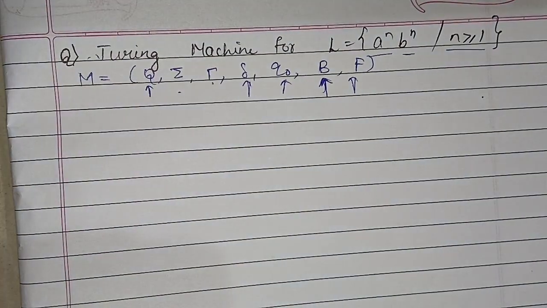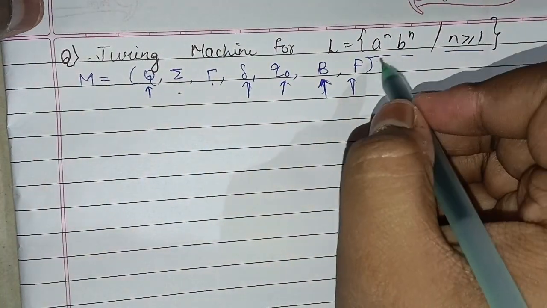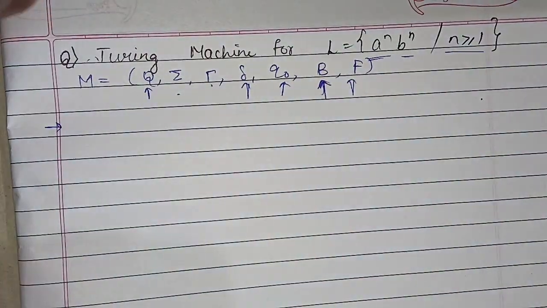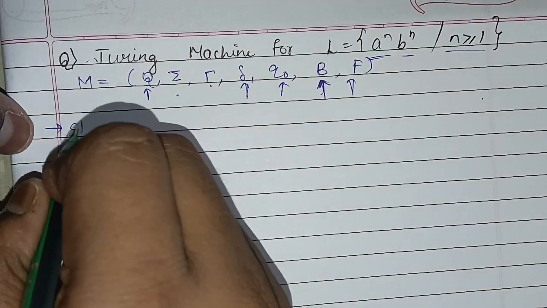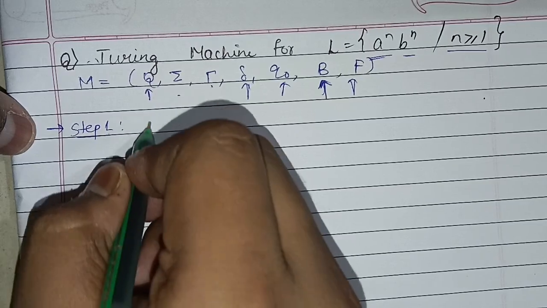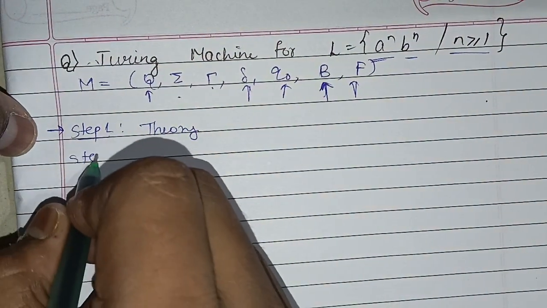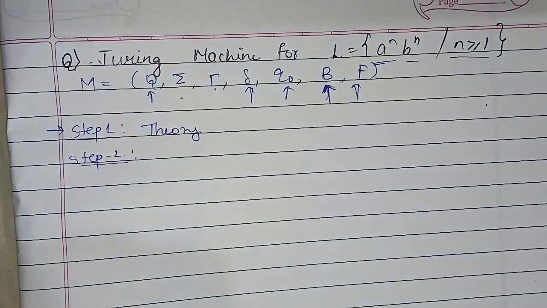Okay, so we have to start solving this example, a Turing machine for the language. As usual, our step 1 will be theory, and step 2 will be we have to write the logic.